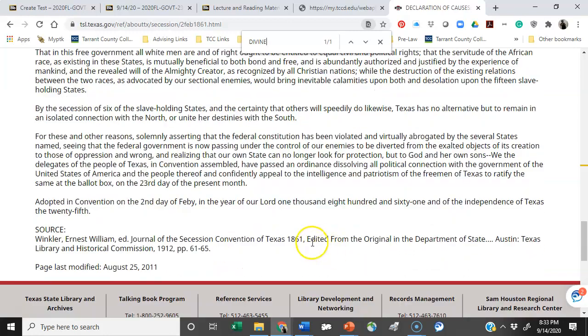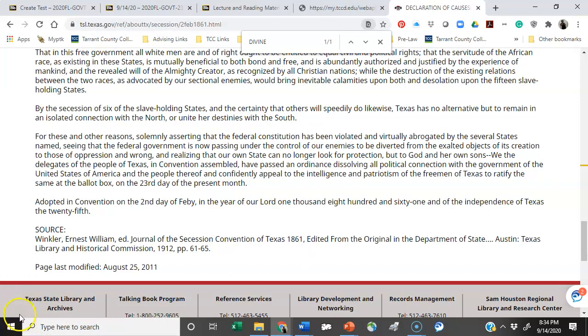So I have heard people argue that the Civil War was not about slavery, that it was about states' rights. Well, maybe it was about states' rights to own slaves, but for Texas, very explicitly, it was about slavery. That's why they said they were leaving.